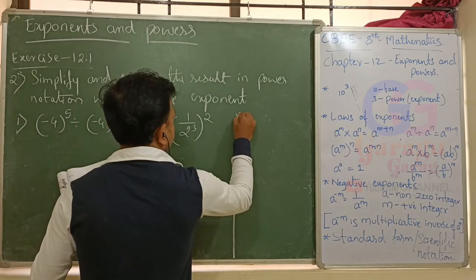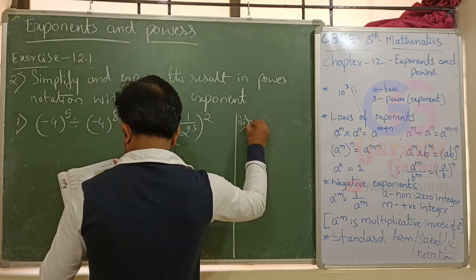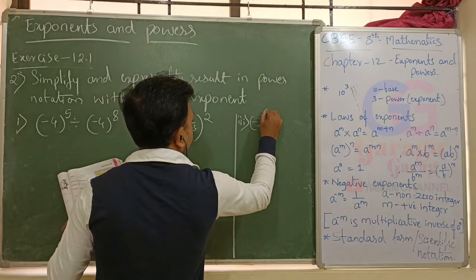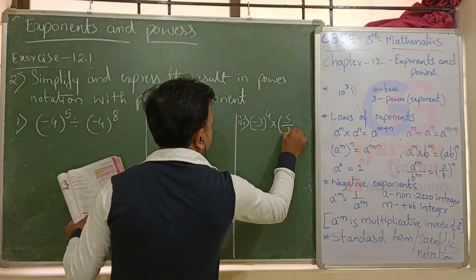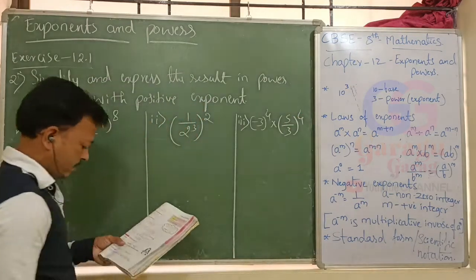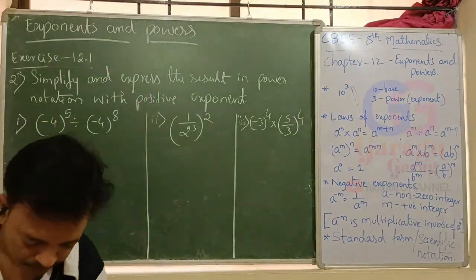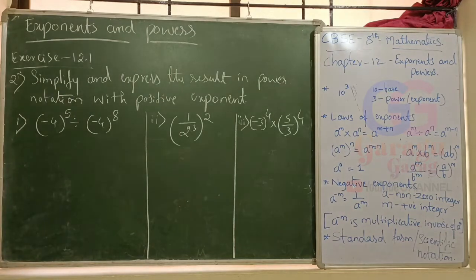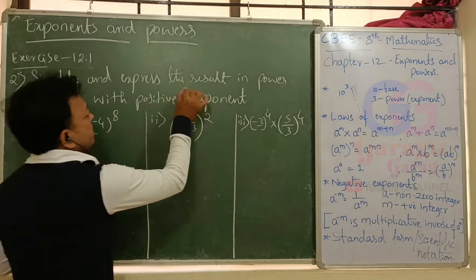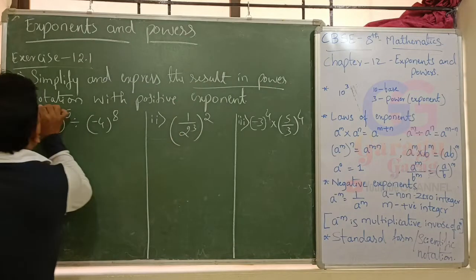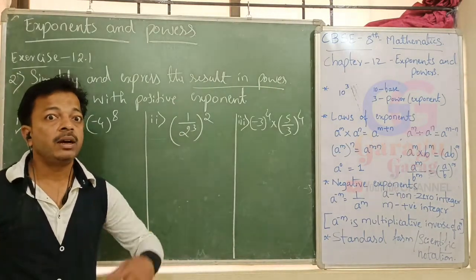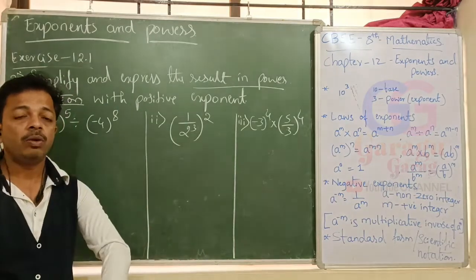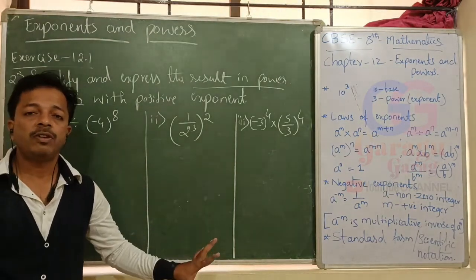Third one: minus 3 raised to 4 multiplied by 5 divided by 3 raised to 4. I will make columns like this and then we'll solve. They told us to express the result in power notation only. Don't write it in number notation, meaning a whole number, not in exponent form at all.